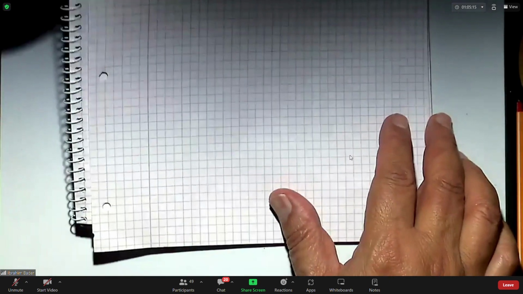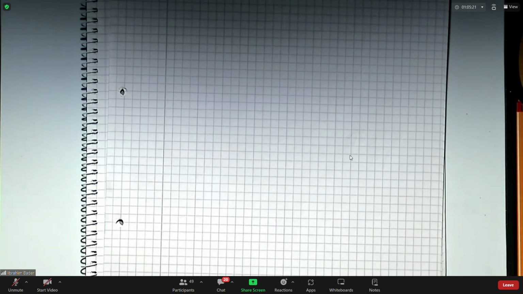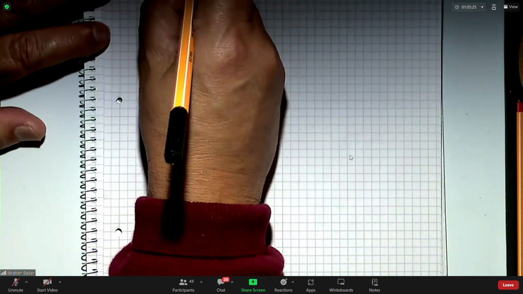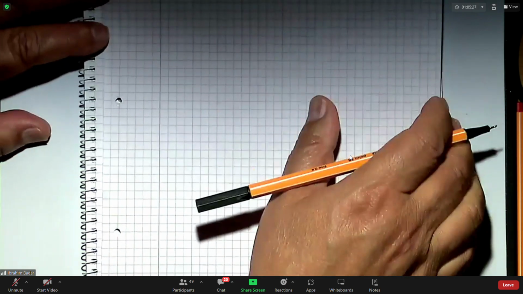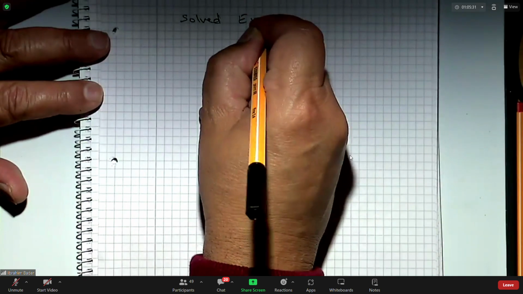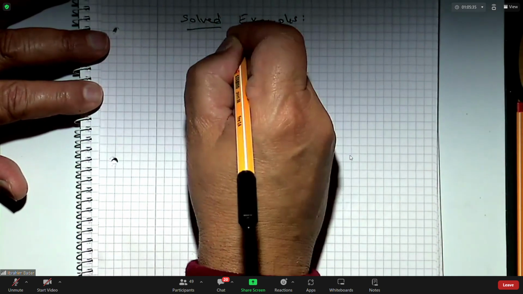I have a list here of some nice examples. Let's start with something very, very simple and basic.